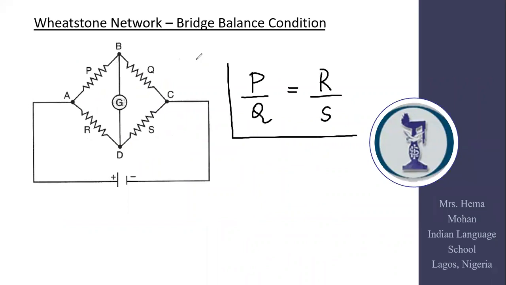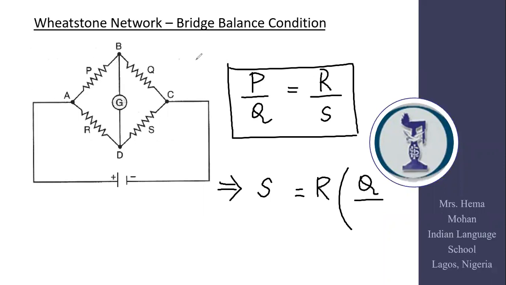This is called the bridge balance condition, P and Q being the standard resistances, R being a variable resistance, and S being the unknown resistance to be measured. So if I write S from this equation, I can say S is equal to R into Q by P. This is what is going to be used for experimental purpose.